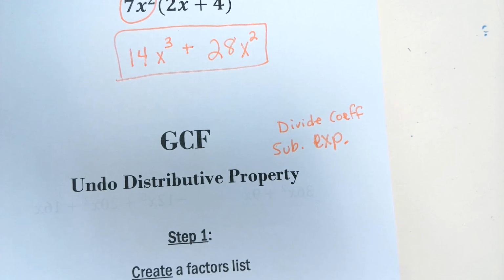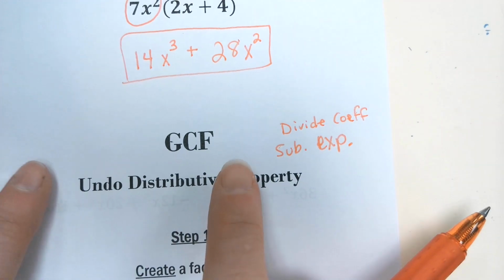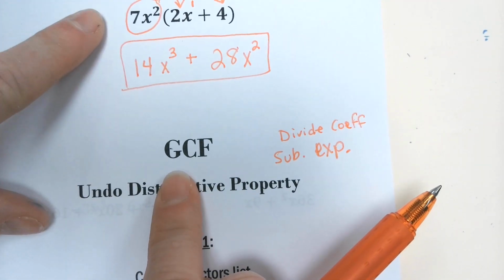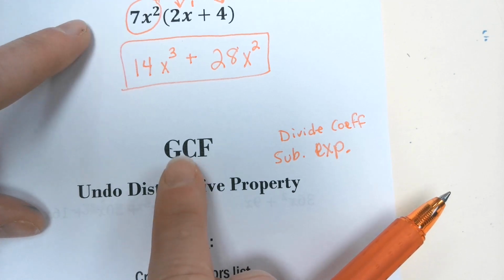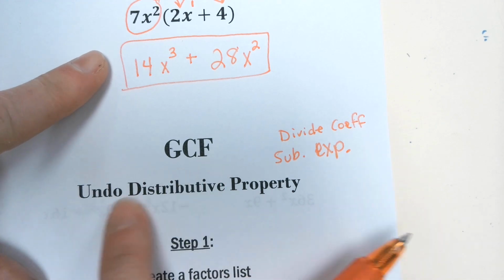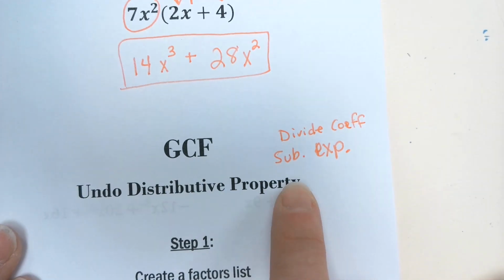Like whenever y'all were in elementary, you learned how to add. Then you learned how to subtract. You undid the adding. Then you learned how to multiply. Then you did the opposite of multiply, which was divide. Now we're doing GCF, so we know how to multiply, which is distribute. The opposite of distribute is to factor.